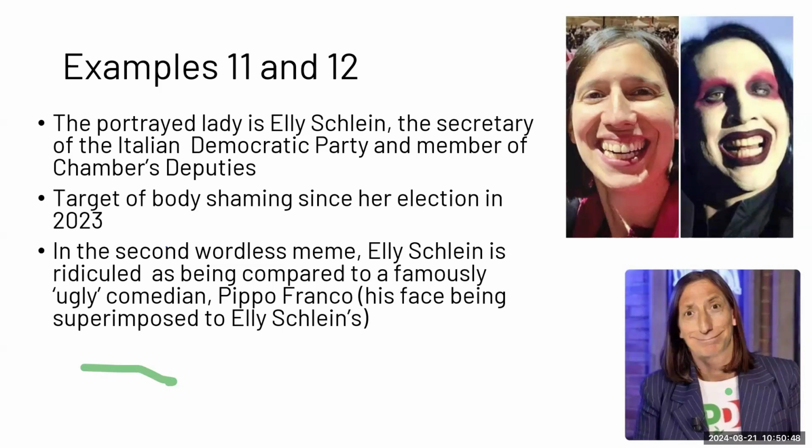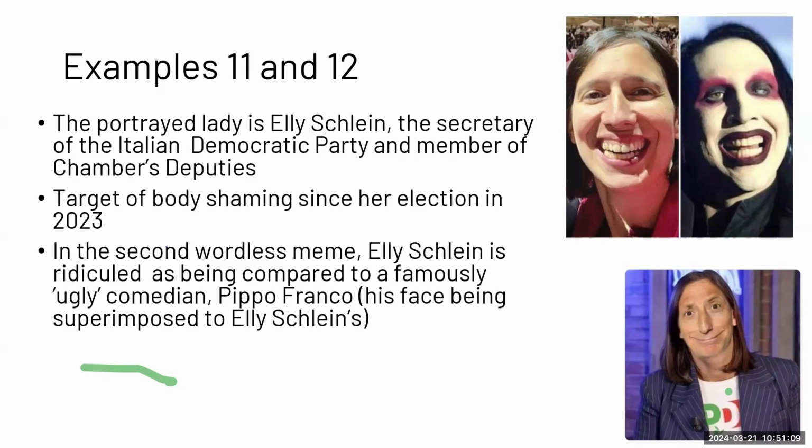This may be associated to her being sexually non-binary, or to being somehow scary because she's considered to be very ugly, and she's been attacked on the grounds of being ugly in Italy.